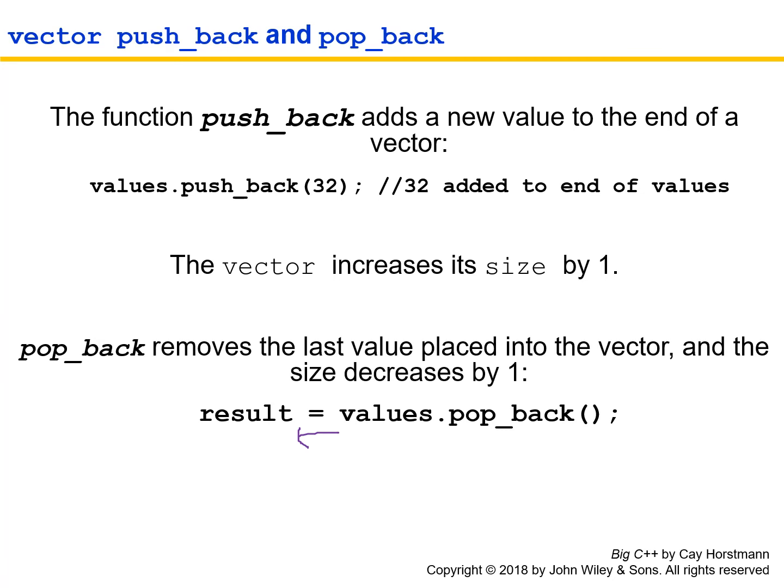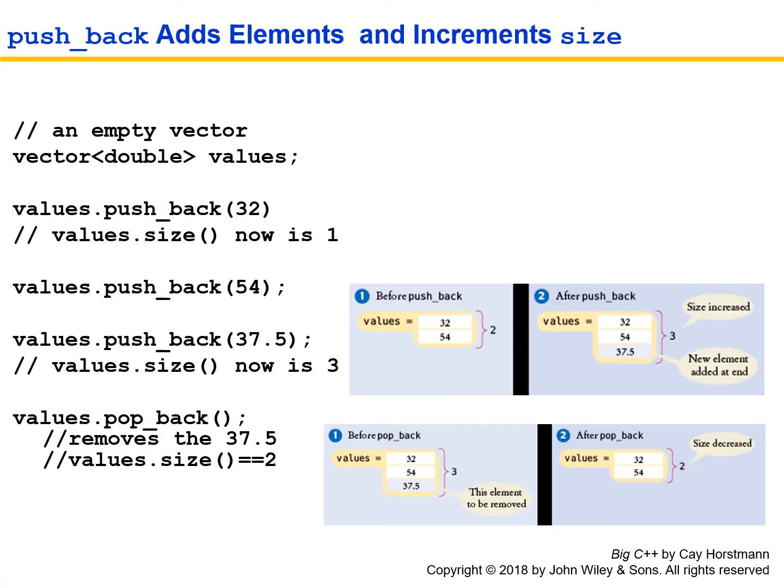The actual size that it stores in memory doesn't change at this point. What happens is the vector, when it's created, stores some extra memory space and stores a size that's smaller than that memory space. And as you add to the vector, it increases its size variable until it runs out of room, at which point it will create more memory space to store more values in.